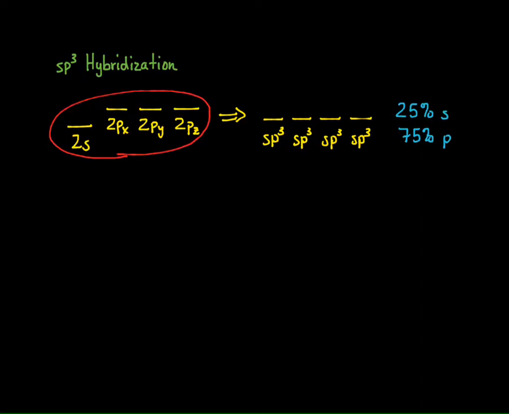Now, we saw with the sp hybridization, it's linear. With an sp2 hybridization, it's trigonal planar. With an sp3, we now have 4 orbitals, and we have to minimize electron repulsions when we fill those orbitals with electrons. How do we do so? How do we minimize electron repulsions when you have 4 orbitals that have electrons in them?